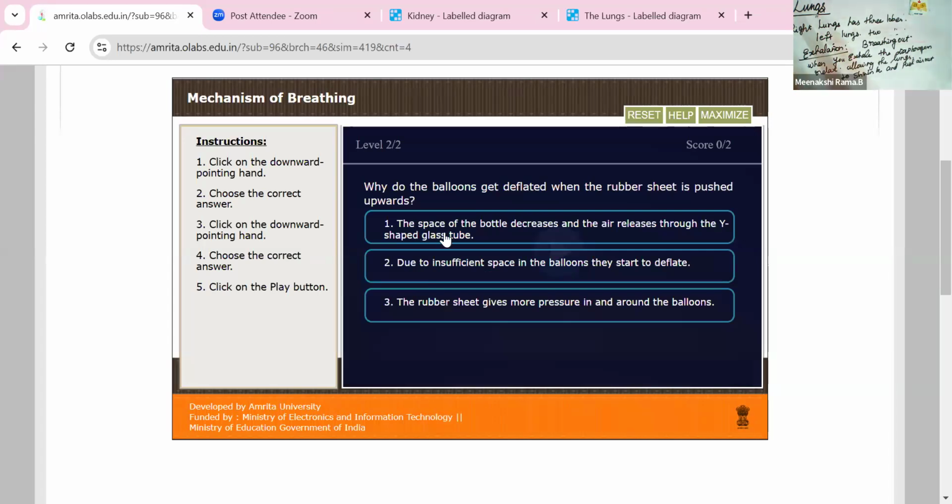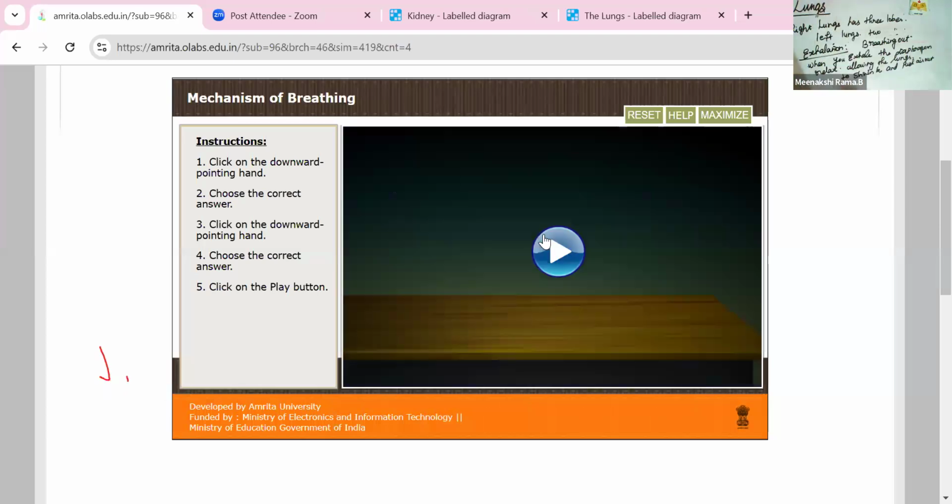Because the space of the bottle decreases, air releases, or due to the insufficient space the balloon starts to deflate. The rubber sheet gives more pressure around the balloon. Okay. So which is the right answer? First one or second one or third one? Yes, second and third are the wrong answers. The space of the bottle decreases. Okay. See here.